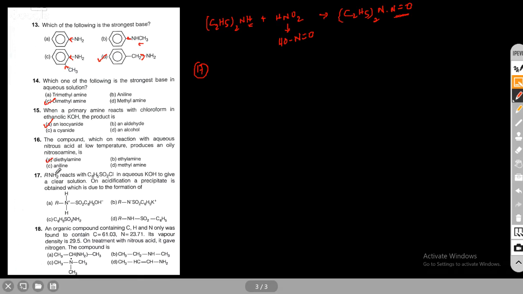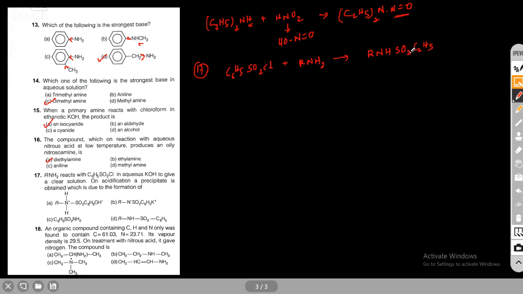So what happens? This hydrogen and Cl form HCl. So the reaction will be C6H5SO2Cl plus RNH2, HCl forms, and this RNH gets attached with SO2C6H5. This is the product we get in the first reaction.